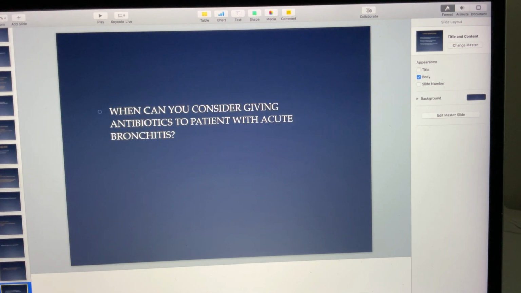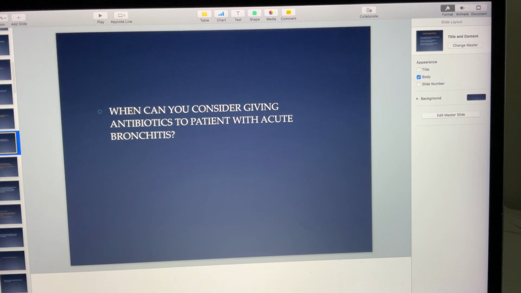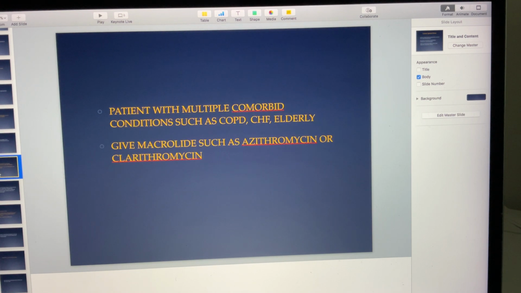Next question, when can you consider giving antibiotics to patients who have acute bronchitis? Patients who have multiple comorbidities such as COPD, CHF, or elderly people, as the older we get, the more the strength of our immunity dwindles.